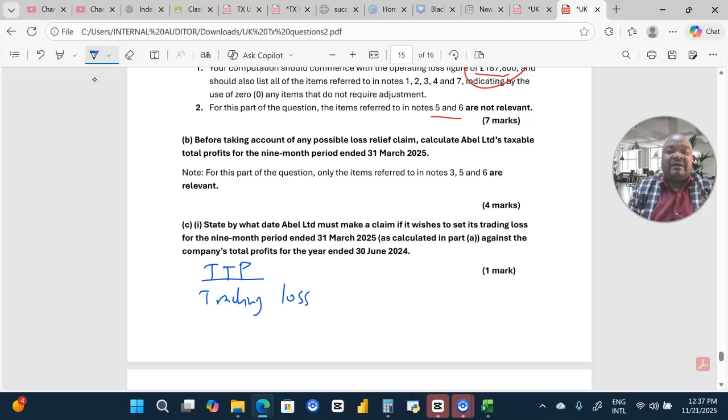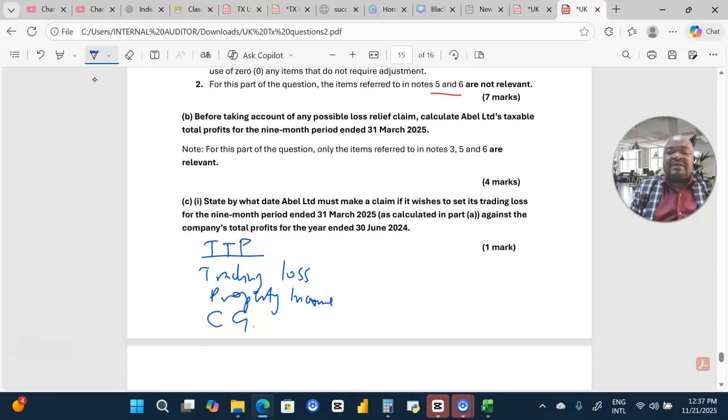Then we go to property income, then capital gains. What else do we put there? We then jump over to QCDs and so forth, isn't it? Good.